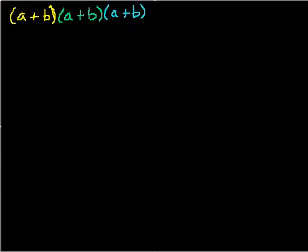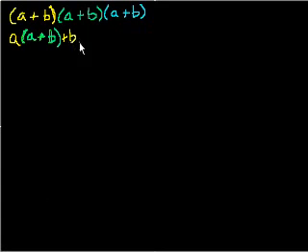This equals a times, going back in green, a plus b. Let me make sure I use the right green, just because the colors matter this time. I know this is tedious, but it's worth it.